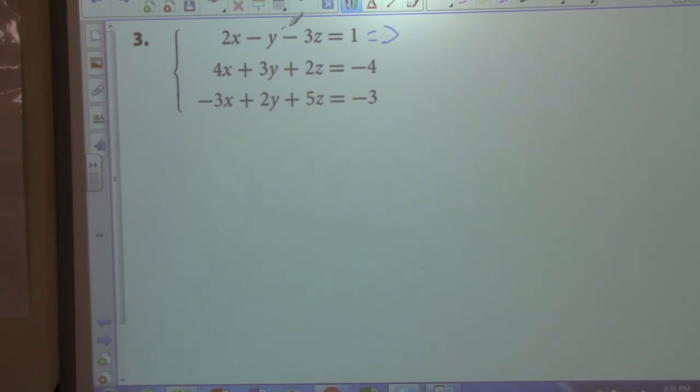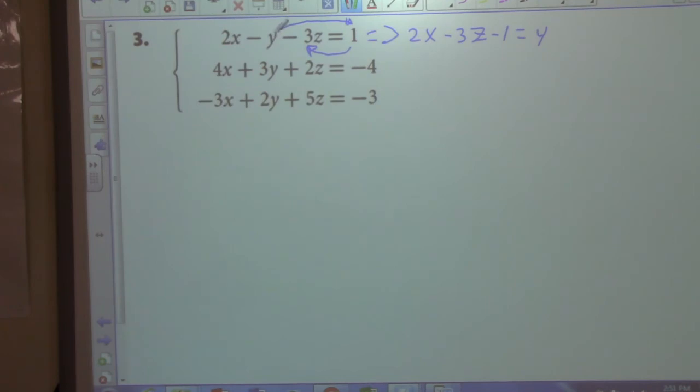If we add y over here and subtract 1 over here, what we're going to get is 2x minus 3z minus 1 equals y.